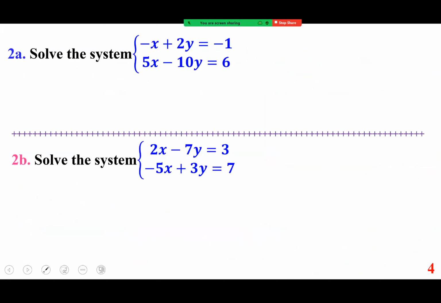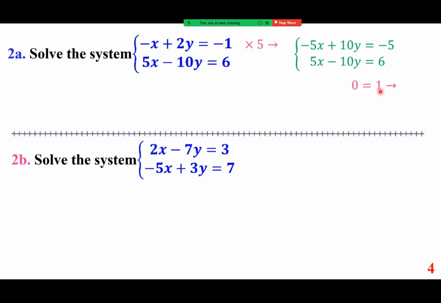We want to solve the system of equations, so we can use various methods. In this case, if we use the addition method, we notice, for example, if we want to get rid of the x, we can multiply this one by 5. And if we multiply the first one by 5, this becomes minus 5x plus 10y equals negative 5. It so happened that it gets rid of the y also. When you add up the left side, these two cancel each other, these two cancel each other, you end up with 0. But the right side is not 0. 0 equals some other number.